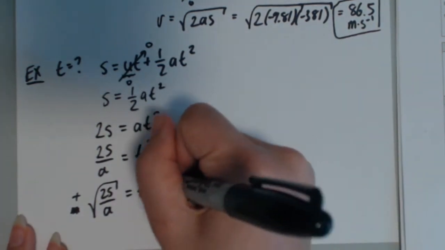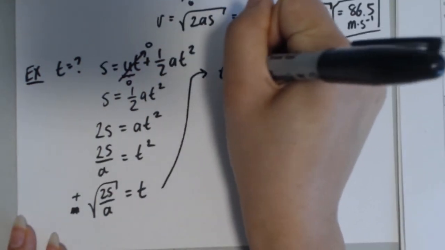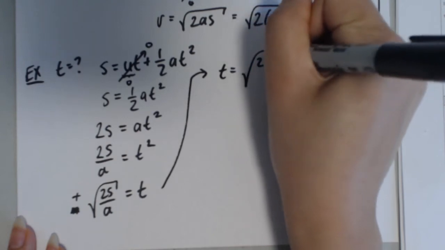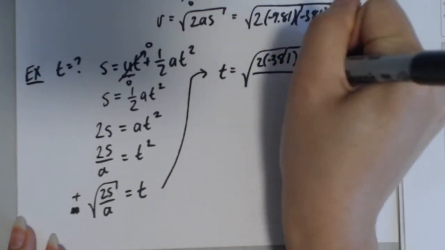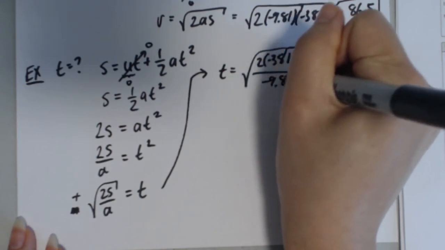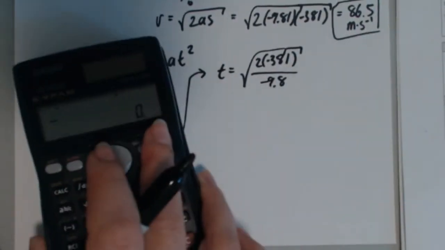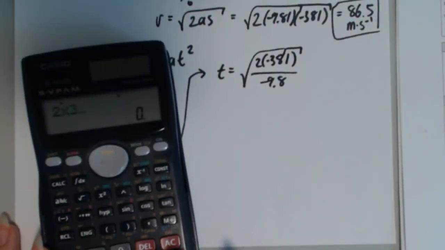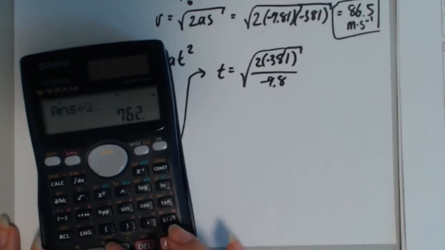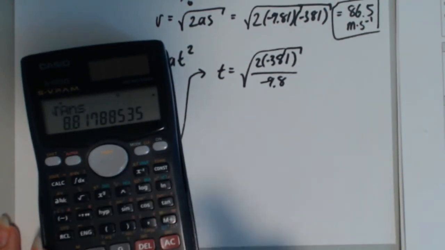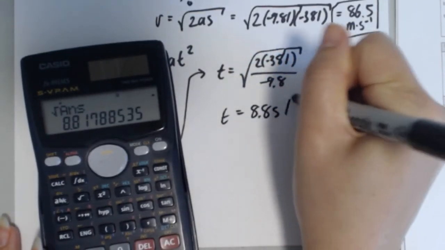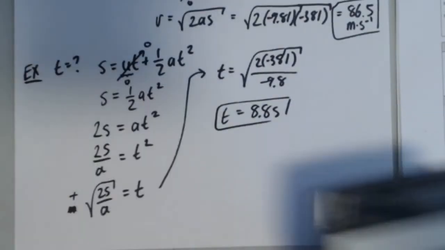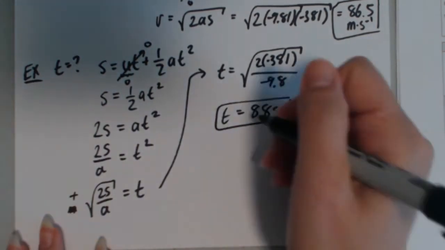All right. So T is equal to square root of 2S, so minus 381, divided by A, which is negative 9.8. Once again, the negatives cancel. So 2 times 381 divided by 9.8, square root, and we get about 8.8 seconds. Okay.